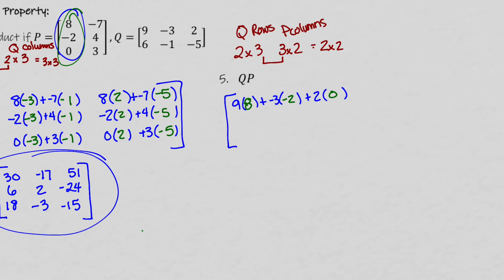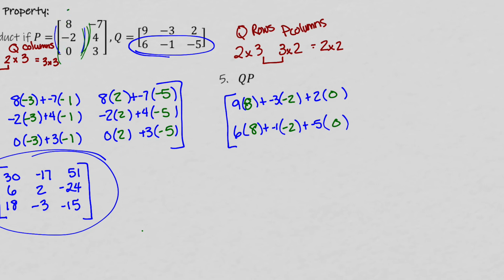Okay, so I'm going to go down now and do the second row. So 6, negative 1, negative 5, and I'm going to multiply that by the column over here. So 8, negative 2, and 0.